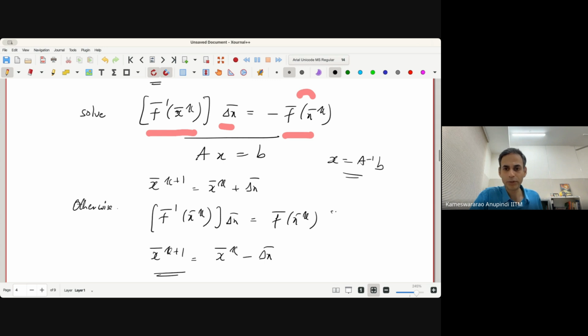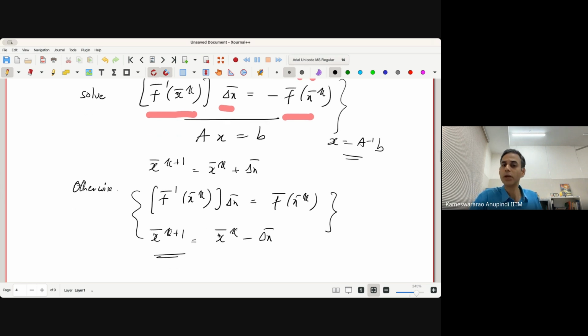Either one works, since both are the same. Instead of including the minus here, we include it in the next step. This is what we do in practice. We are not going to invert the Jacobian matrix.